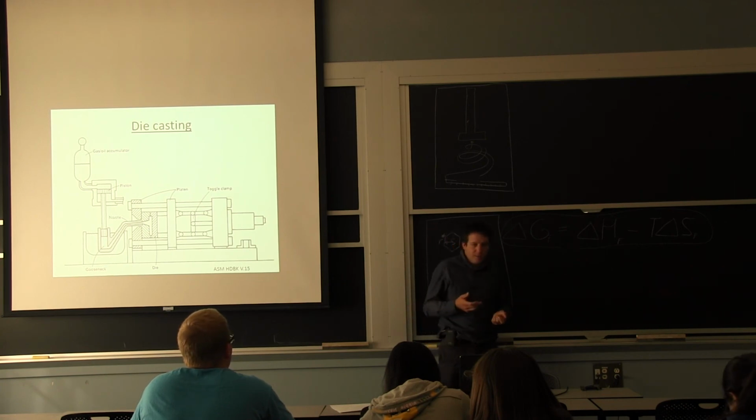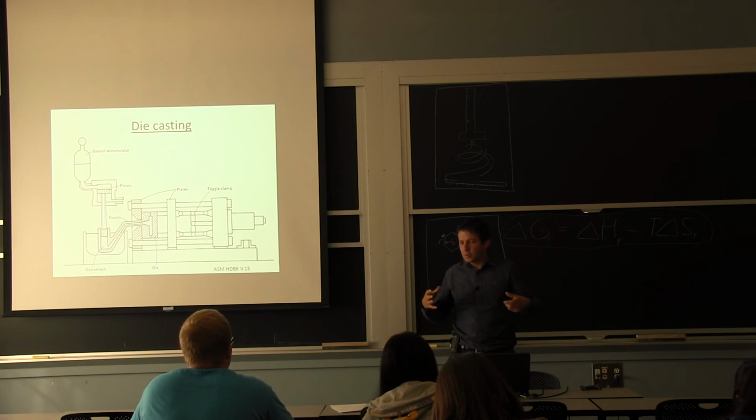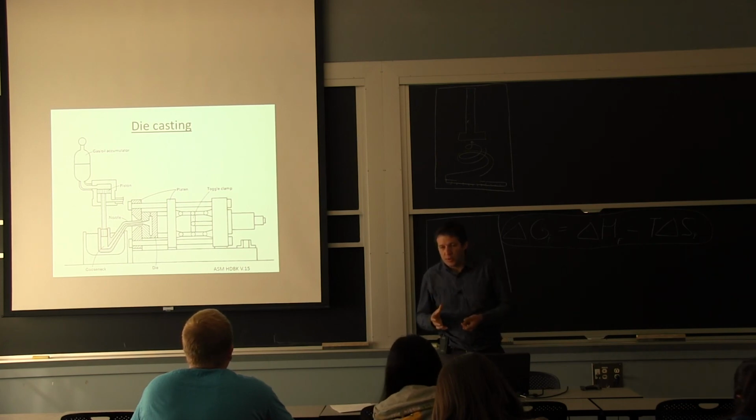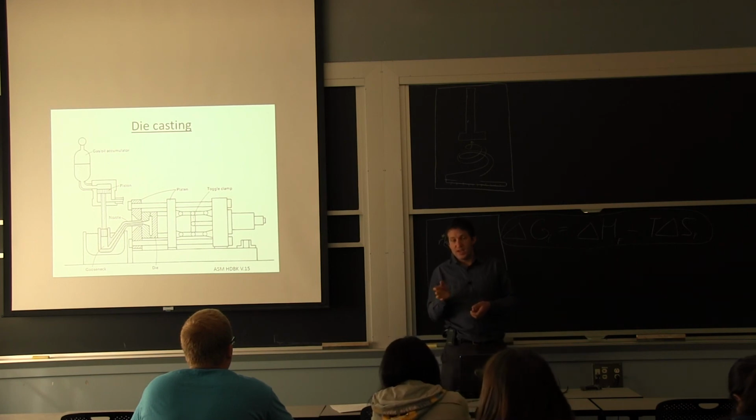So it's great for aluminum or relatively low melting point alloys. It's also great when you have large volume because there's a lot of cost in developing the whole feed system. If we're talking about a metallic mold, it's great because it will cool down faster than when you have a ceramic or a sand mold.